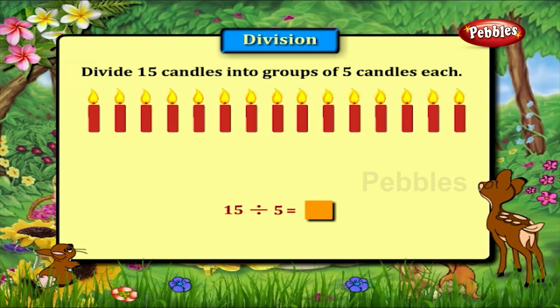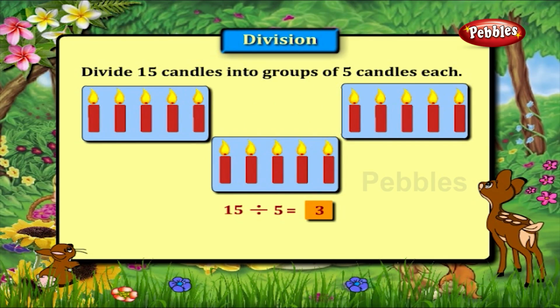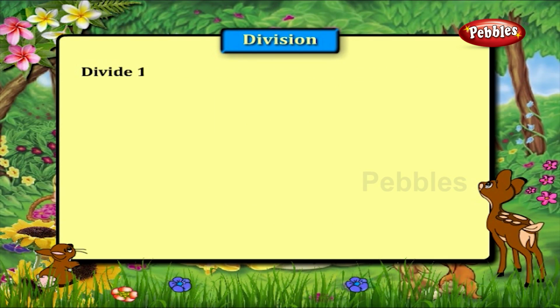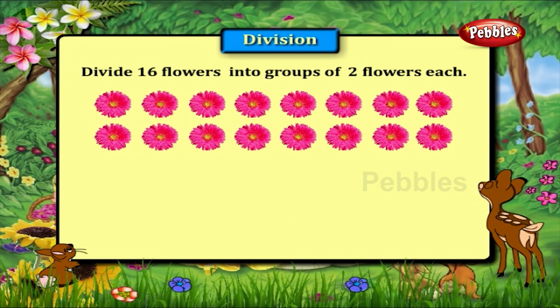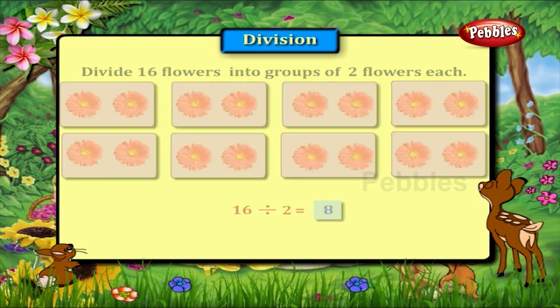So 15 divided by 5 is equal to 3. Divide 16 flowers into groups of 2 flowers each. So 16 divided by 2 is equal to 8.